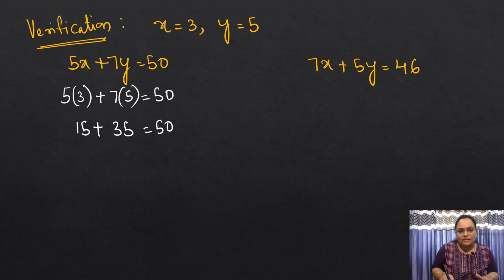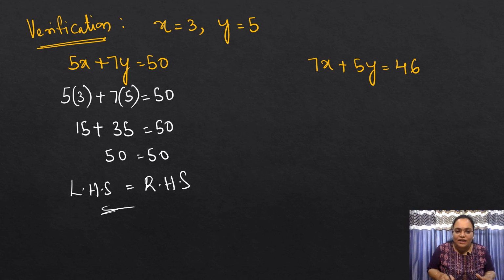So 15 plus 35 is 50. 50 is equal to 50. So LHS is equal to RHS. So these values are satisfying this equation on both the sides.